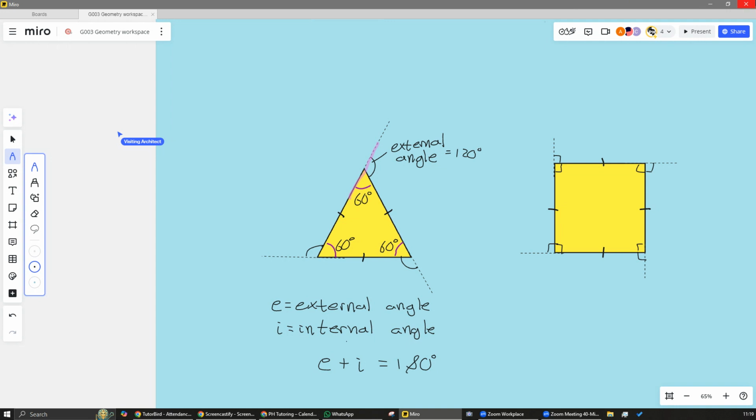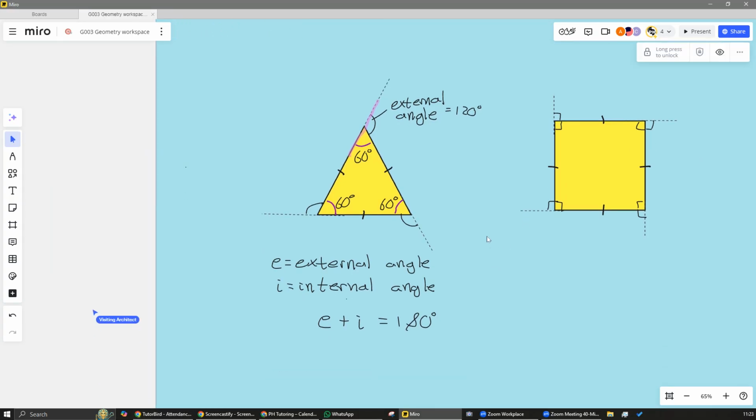Either way, if you have to work it out, write it down. If you already know it, write it down. What do you notice with regard to the exterior angle of the triangle and of the square that they both have in common? Okay, I'll let you have a think about that, see if you can work it out. I'll pause the video.